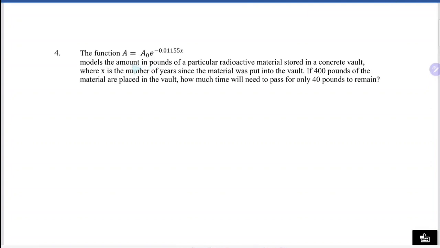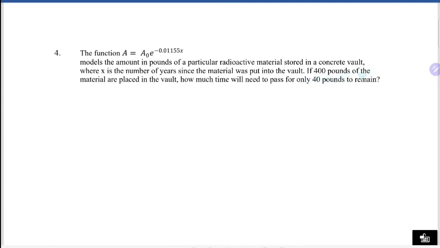Now, question number 4 is a word problem on the growth and decay models of exponential functions. It says the function A equals A sub 0 times e raised to the power negative 0.01155 times x models the amount in pounds of a particular radioactive material stored in a concrete vault, where x is the number of years since the material was put into the vault.